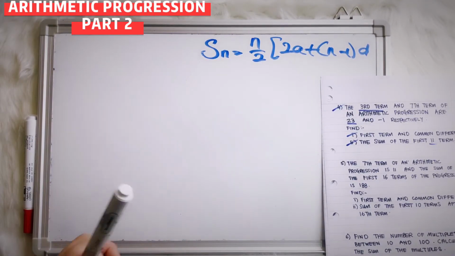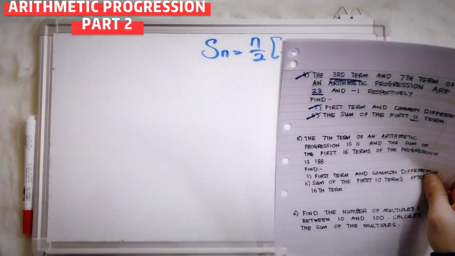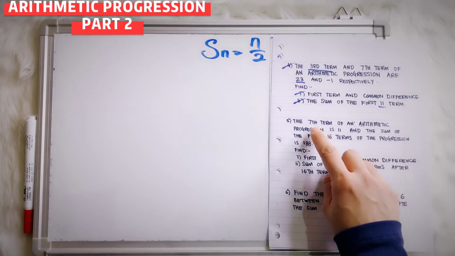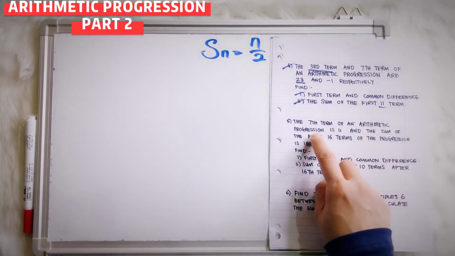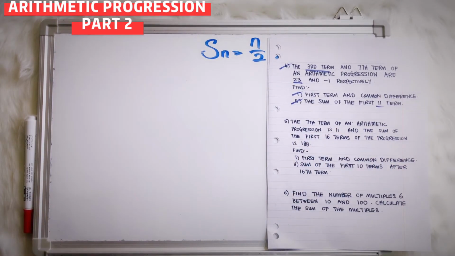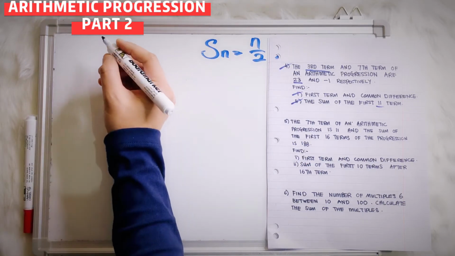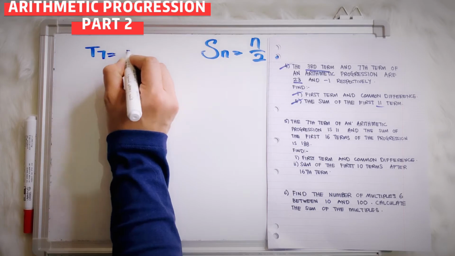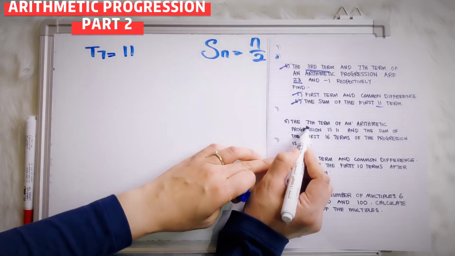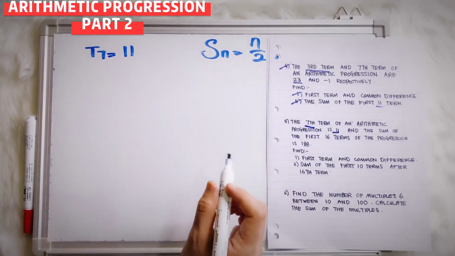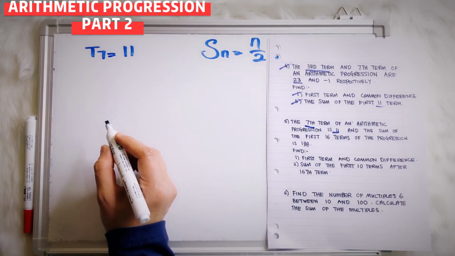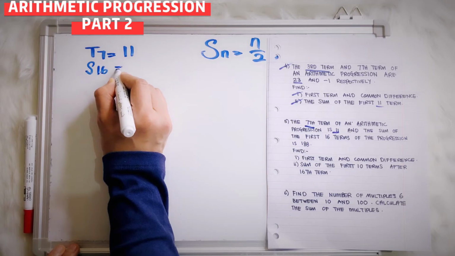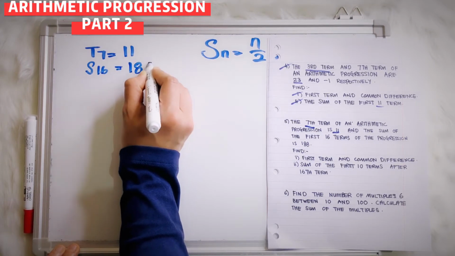Question number 5. The 7th term of an arithmetic progression is 11. We put here T7 equals 11, and the sum of the first 16 terms, S16 equals 188.